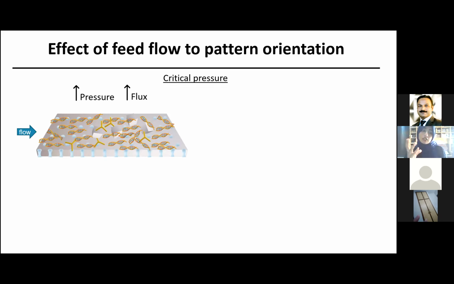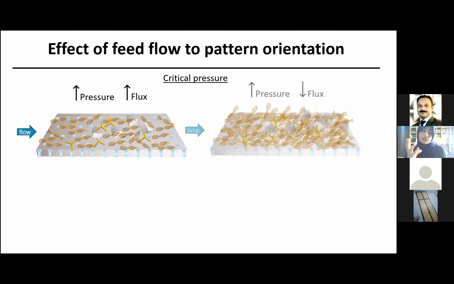But the filtration keeps going, and with time, as foulants keep getting deposited on the membrane surface, covering the surface area, further increase in the pressure will not increase the flux anymore. And identification of this point can indicate the formation of a cake layer. So this is the theory to determine the critical pressure.